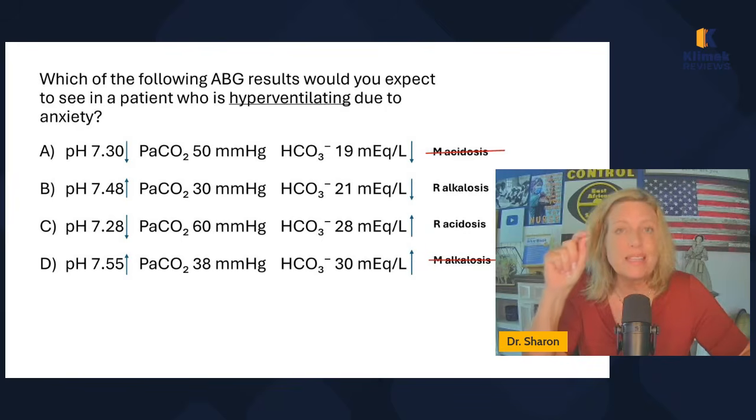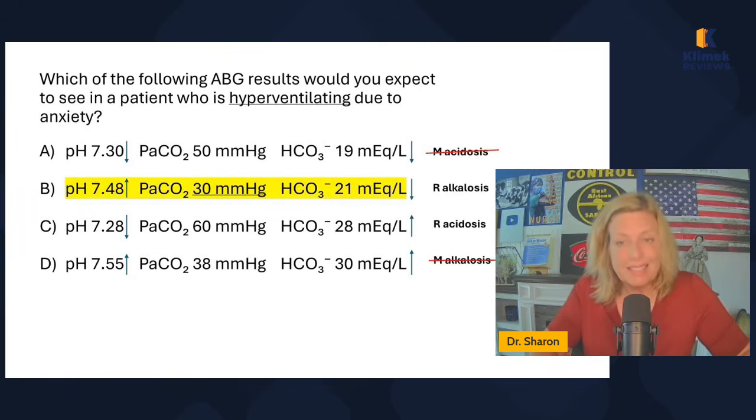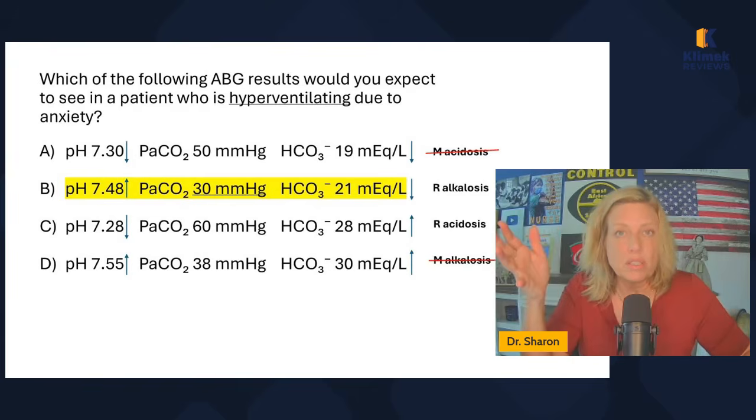So would you expect the CO2 to be high or low? Well, you would expect the CO2 to be low because you're hyperventilating. And if you're blowing off CO2, it makes sense that the pH would go up. So I like the answer that has the low CO2. That makes sense. So my answer is respiratory alkalosis.